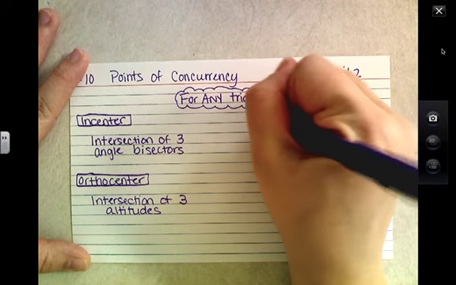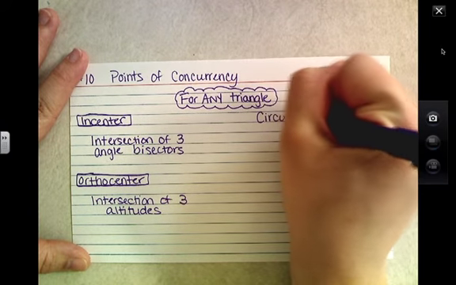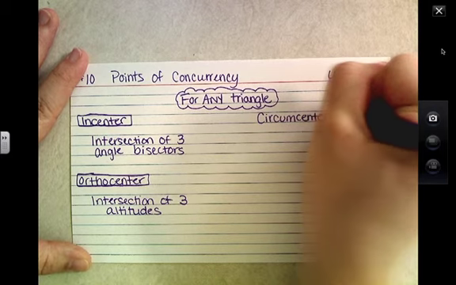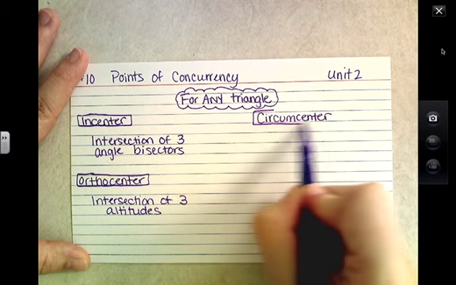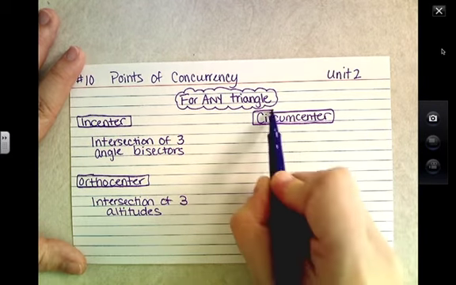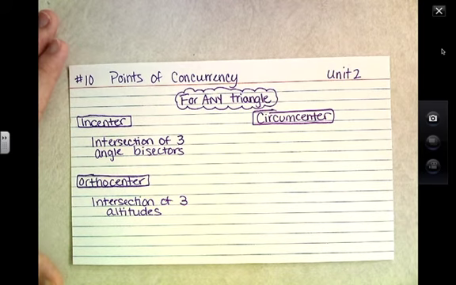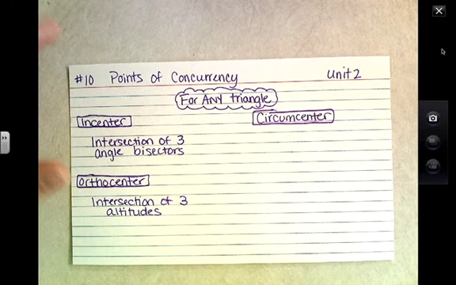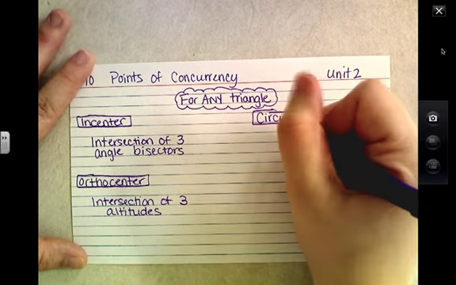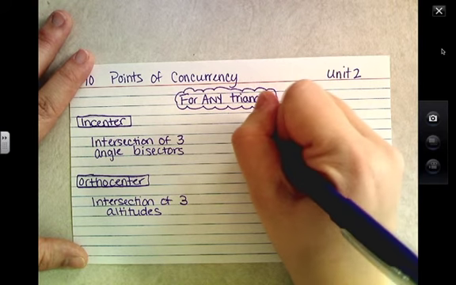All right, the third one is called the circumcenter. Circum sounding kind of like circumference, right? And so the circumcenter is the center of the circumscribed circle, which is when you put a circle around the triangle. This is the intersection of the 3 perpendicular bisectors.